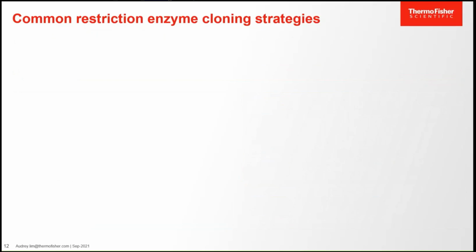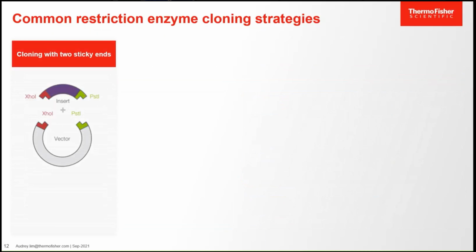Okay, here are some common restriction enzyme cloning strategies. First is cloning with two sticky ends. For this, the vector and insert ends need to be compatible. If done correctly, your vector and insert ligation is efficient, vector self-ligation will be low, and the ligated cleavage sites are intact.